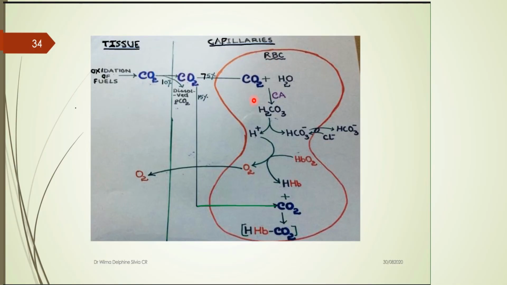Thus, on the venous side, the RBCs are slightly bulged due to the higher chloride ion concentration. So at the site of tissue, there is exchange of gases, that is oxygen and carbon dioxide, and the hemoglobin carries the proton and the carbon dioxide in the form of carbaminohemoglobin. So this is taking place at the site of tissue.